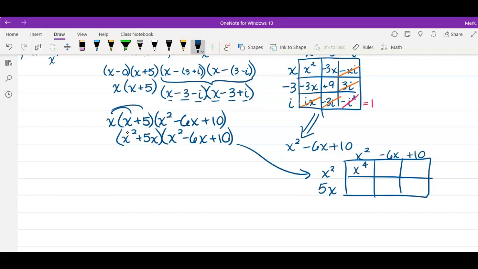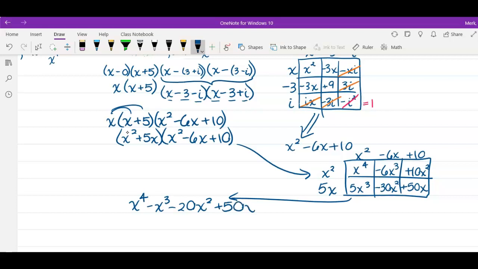Look, we're getting that 4th degree we were hoping for. Coming back out of the box, we end up with x to the 4th minus x cubed minus 20x squared plus 50x as our polynomial.